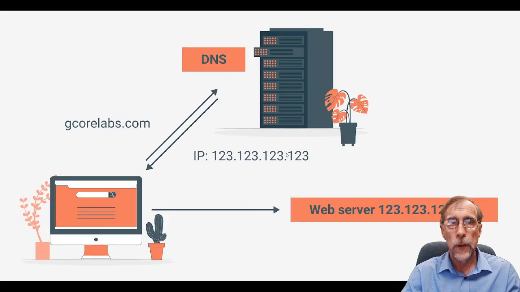Full screen. So let's look at a practical example of a DNS. There you've got your laptop, and you're typing gcorallabs.com into your browser address. Now, of course, the IP address for this, which you may or may not know, is 123.123.123.123.